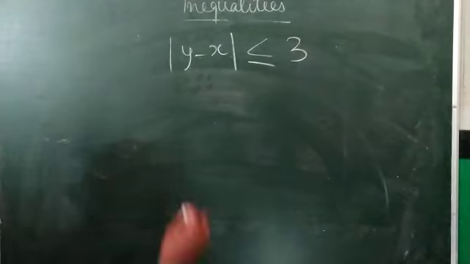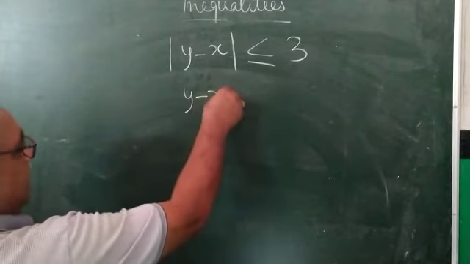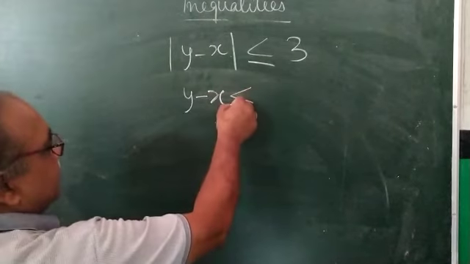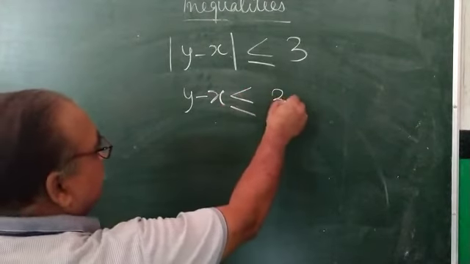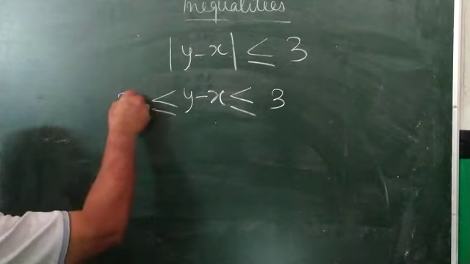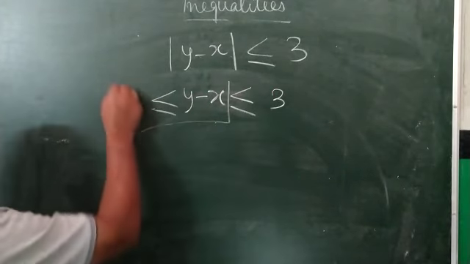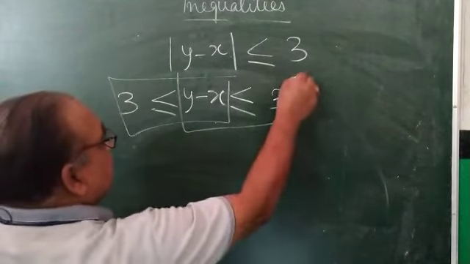So we can say that y minus x can be smaller than or equal to 3 and can be greater than or equal to 3. So we have two sets, one set is this and one set is this.